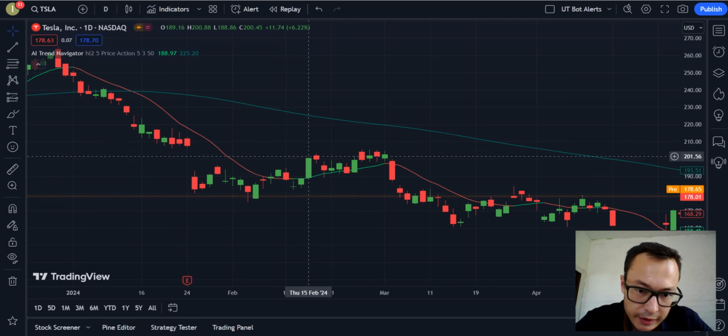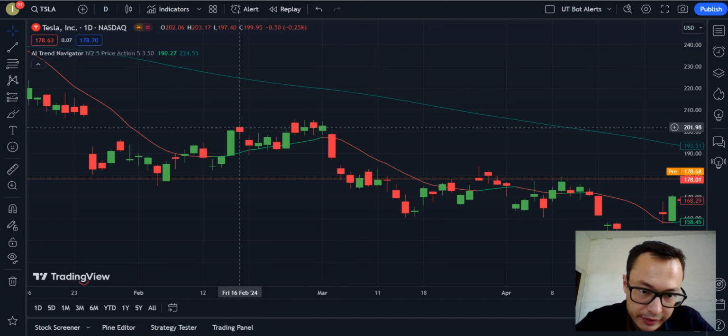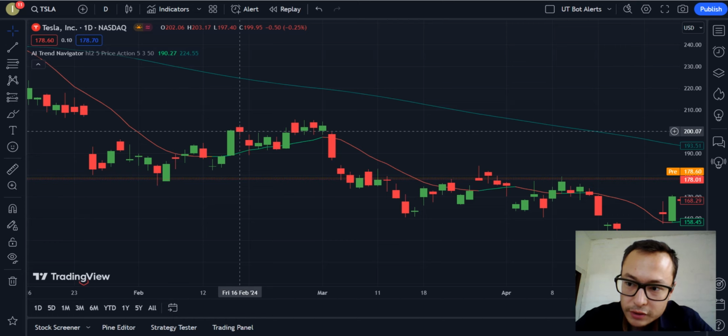So this is how to read the green candlestick bars, and the red candlestick bar is read differently. The top of the red candlestick bar shows the price of the stock when the stock exchange opened. So on February 16, 2024, the Tesla stock price during the opening time was $201.98, as you can see on the right here. And during the closing time of the Nasdaq stock exchange, the Tesla stock price was $200.07.